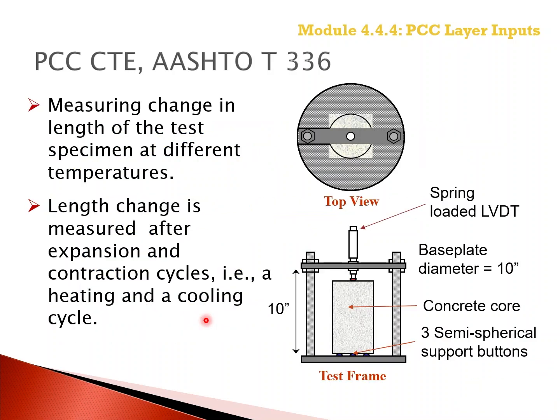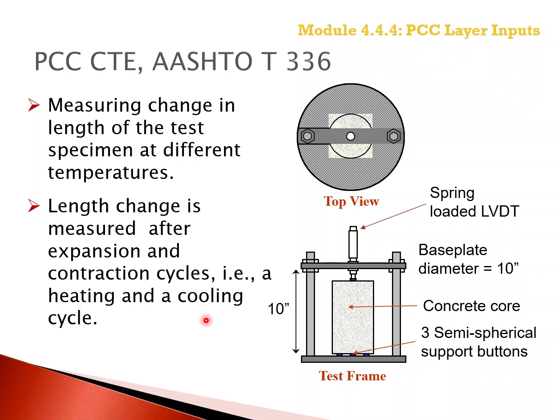This slide includes a schematic of the test procedure, AASHTO T336. As the temperature is lowered or increased, or through a temperature cycle, the change in the length of the test specimen is monitored. As a side note, the CTE values originally included in the Long-Term Pavement Performance database were in error.